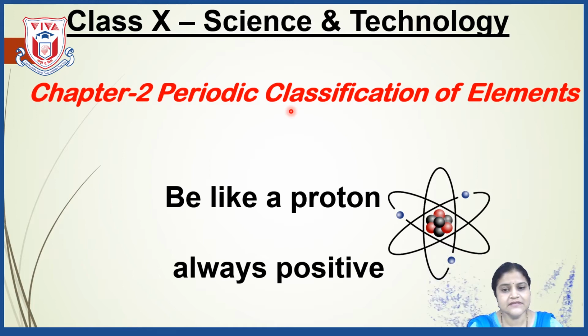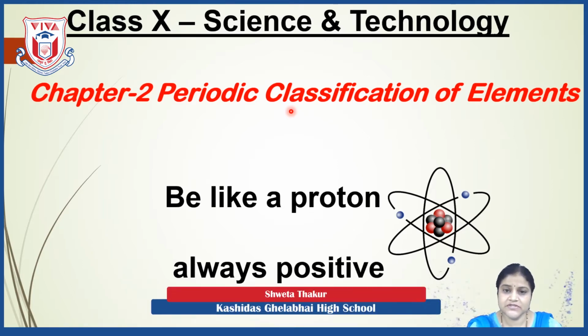Now, why is there a need for elements to be classified? As we know, the number of elements available right now, whether they are naturally available or artificially prepared in the laboratory, is in total 118 elements. Now, it was not possible during the 18th century to study them.